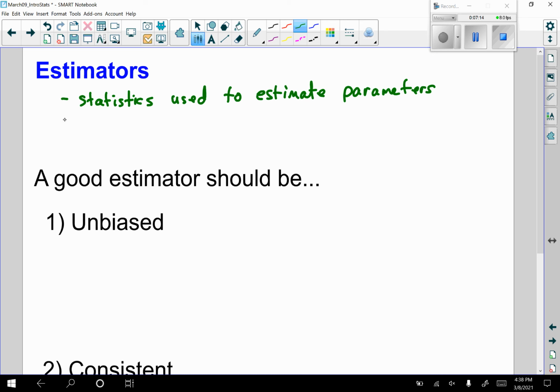So statistics, again, are sample measures. And parameters are population measures. So we could use that in place. We could say sample measures are used to estimate population measures.